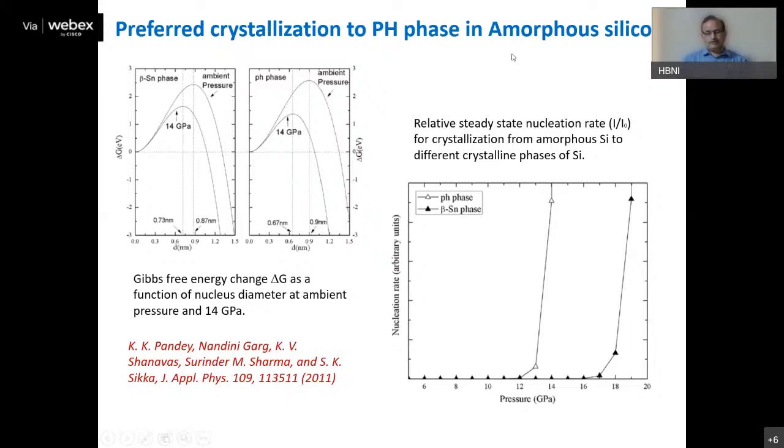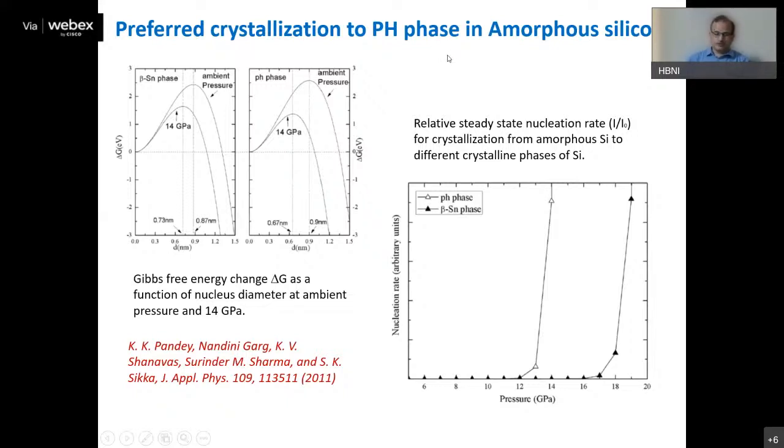But when we pressurized amorphous silicon, which has coordination very close to the cubic diamond phase, that is 4, we were expecting crystallization to a phase with coordination equivalent to the beta tin phase, which is 6-coordinate. But we found that under pressure, there is no crystallization to beta tin, but it directly crystallizes to the primitive hexagonal phase.